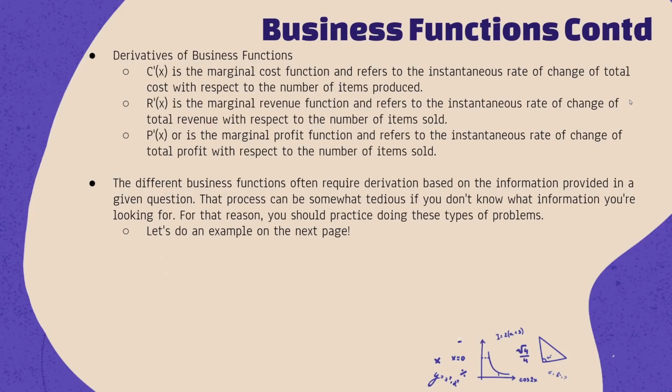Well, the C prime of x is called the marginal cost function, and it refers to the instantaneous rate of change of total cost with respect to the number of items produced. So again, if you have a production level of, let's say, 10 apples a week, right?